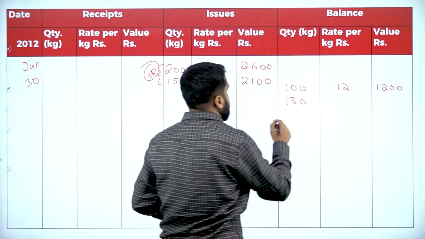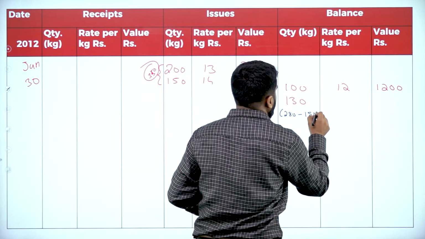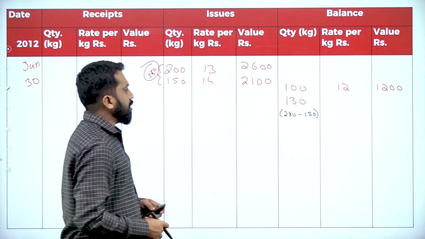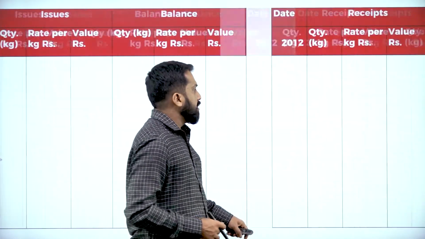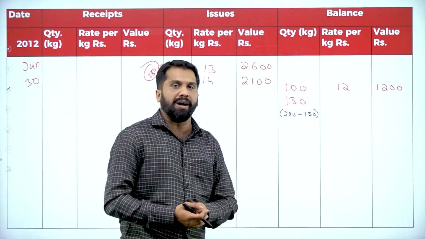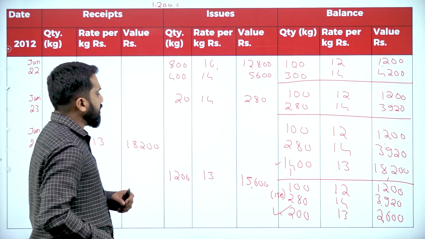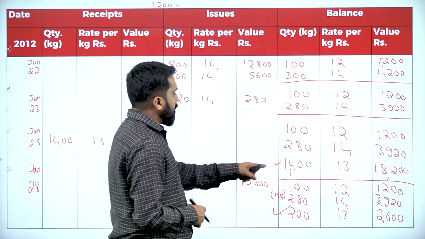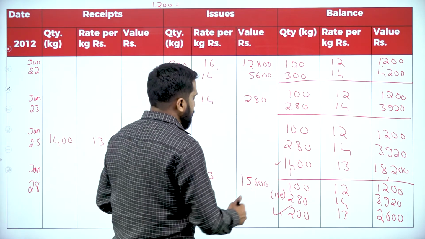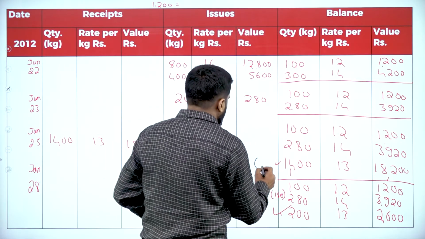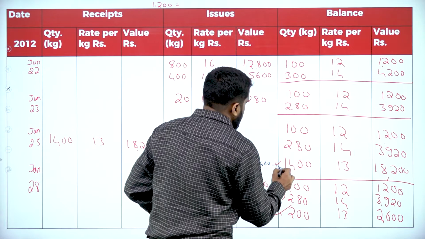280 minus 150. Like this, you got, see, out of 280, I have used 150. The balance is 130. Similarly, I write down the working note for everything. Like, out of 1,400, it is 200. This is 1,400 minus 1,200.